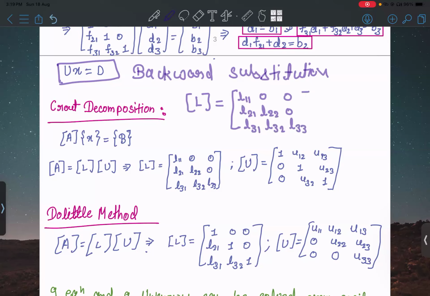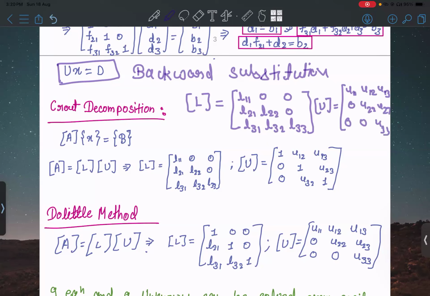Similarly, U is an upper triangular matrix. So U11, U12, U13, 0, U22, U23, 0, 0, U33.